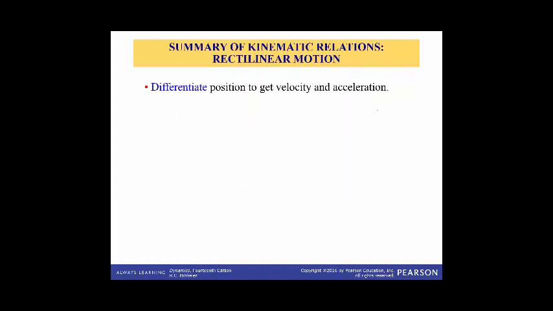Okay? So in summary, the velocity is the derivative of the position, and acceleration is the derivative of the velocity, or you can rearrange this as the acceleration is dv over dt.